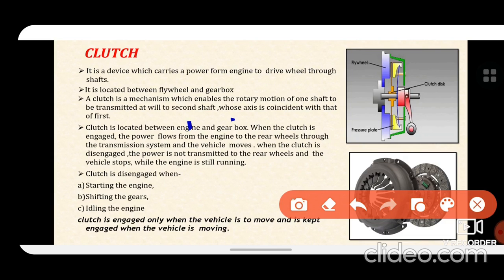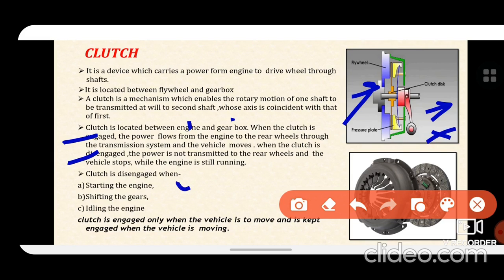When the clutch is engaged, the power flows from the engine to the rear wheels through the transmission system and the vehicle moves. When the clutch is disengaged, the power is not transmitted to the rear wheels and the vehicle stops while the engine is still running.